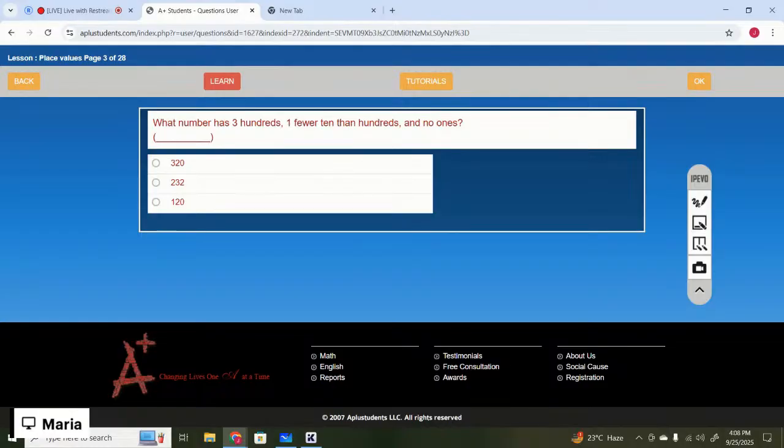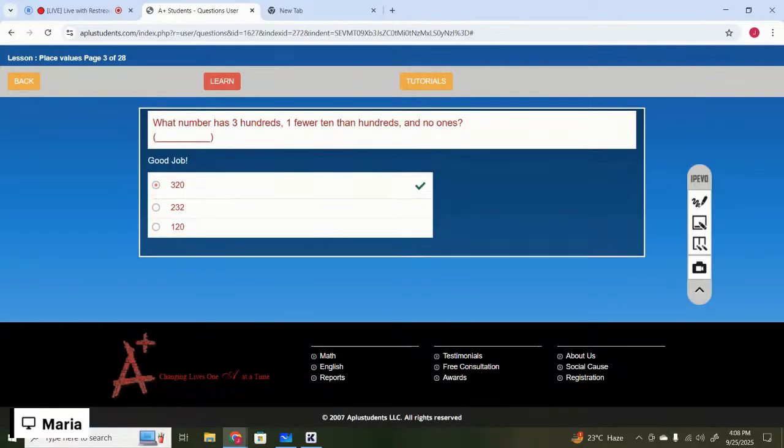So, one fewer ten than 100 means the hundreds digit is 3. One fewer means 3 minus 1, that is 2. And no ones means 0, that is 320. Very good.